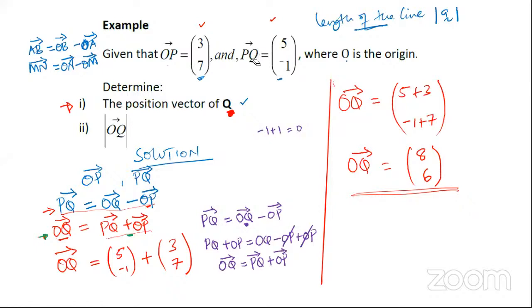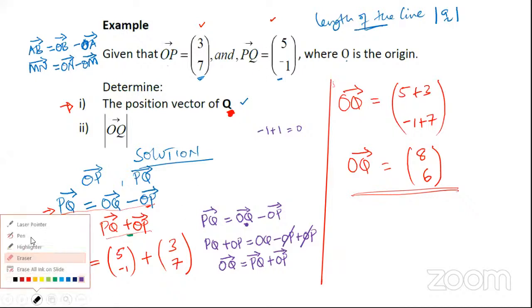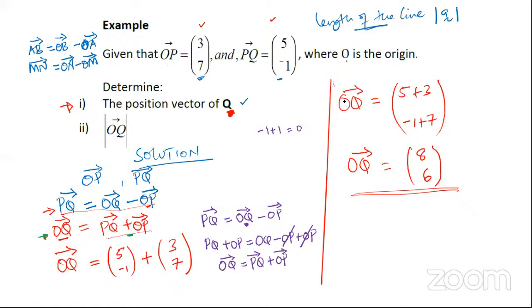Okay, sir. Any other? I think that is clear now. So, dear members, this is how we come to our position vector Q.